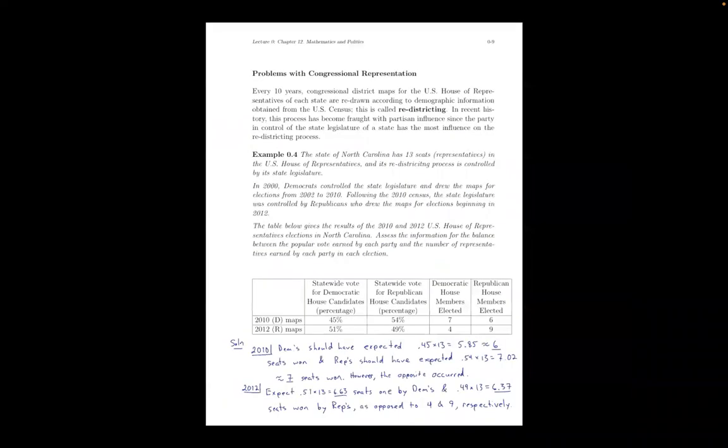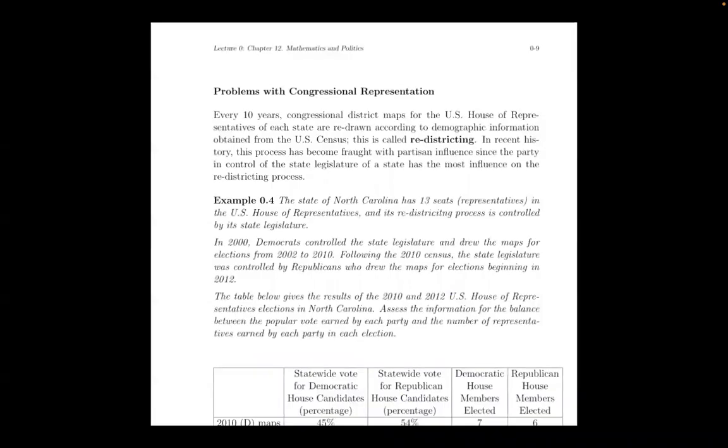Another scenario is congressional representation, and how this can be problematic as well. The U.S. House of Representatives, again, those 538 Congress people, a certain fixed number from each state based on population. They all come from districts within their states. Every 10 years, the congressional district maps are redrawn based on the census.